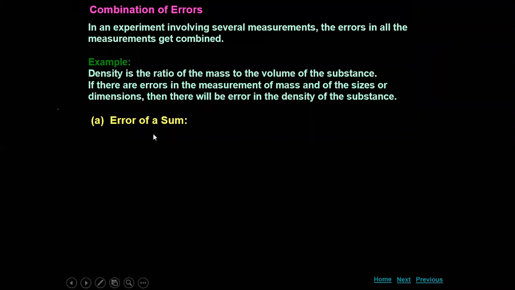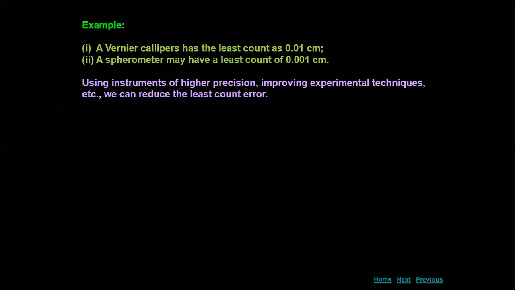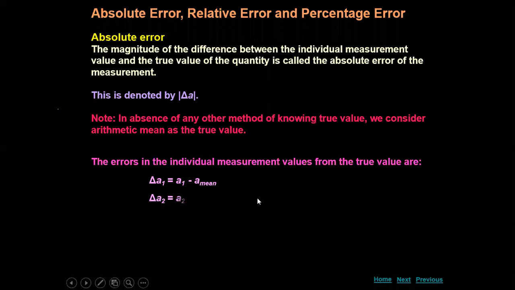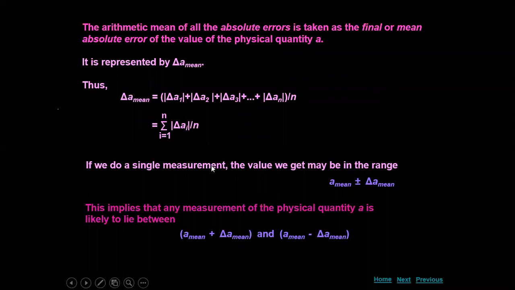Error of a sum. Okay, when we are adding, how the error has to be taken. Already in the previous slide I have shown you how, if we have a measurement value, the total value has to be taken. I'll go back to that once again and show you.